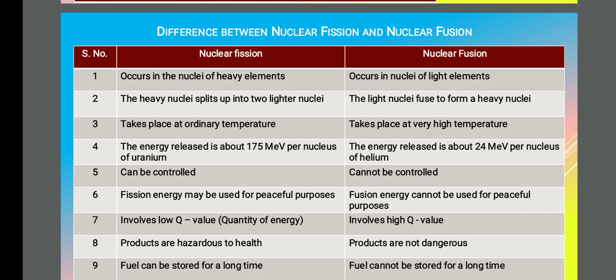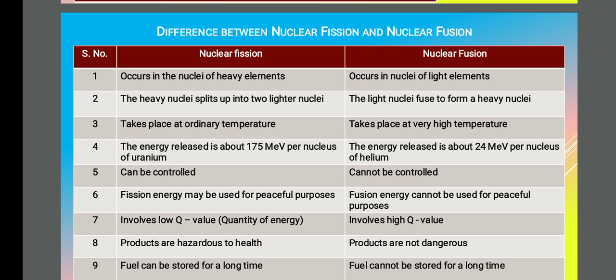Fission can be controlled and fusion cannot be controlled. Fission reaction is used for peaceful purpose. Fusion cannot be used for peaceful purpose. The Q value of fission reaction is found to be very low, and the Q value of fusion, the quantity of energy released, is found to be very high.